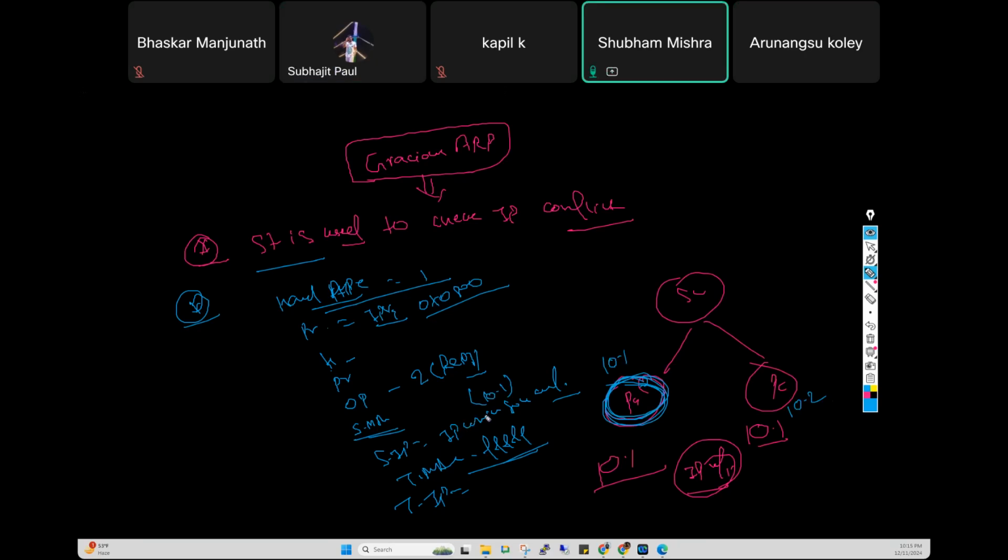So you are telling source IP is also 10.1, target IP also 10.1. Yes, sir. It will check whether any IP address is the same or not. So the source IP is the target IP. Exactly, very good. Target IP address will also be 10.1.